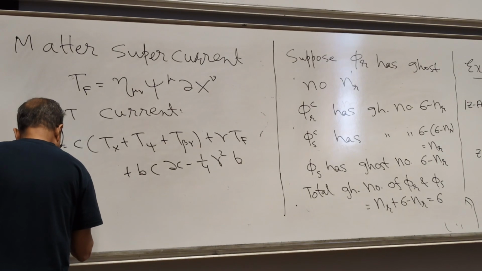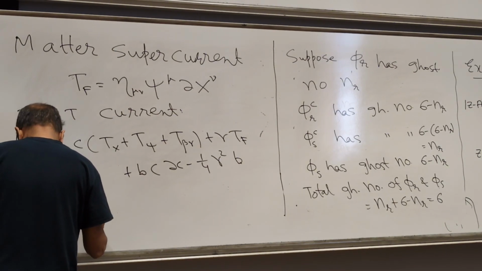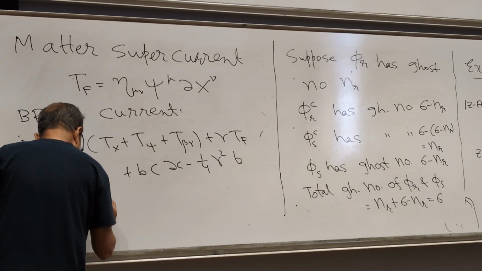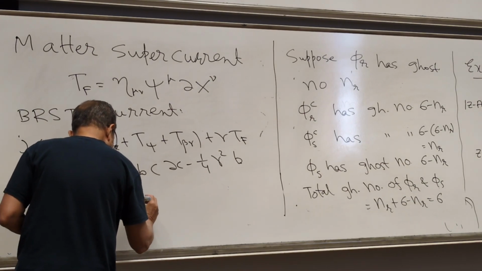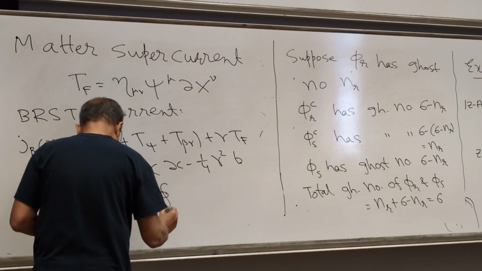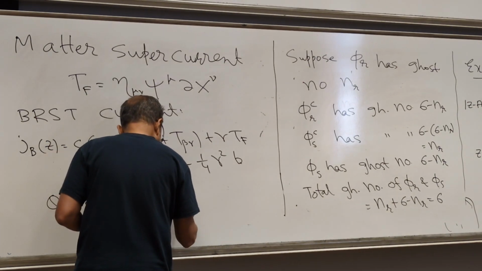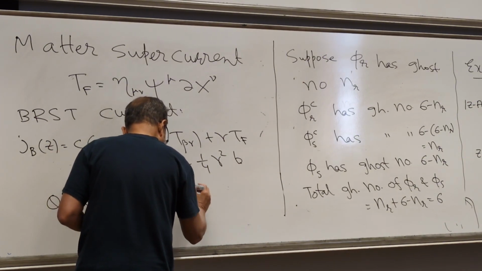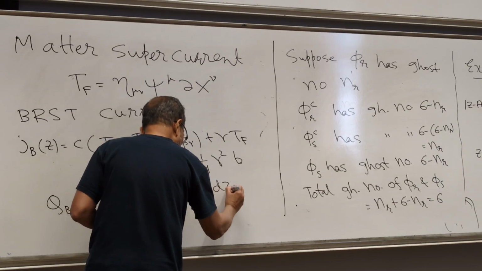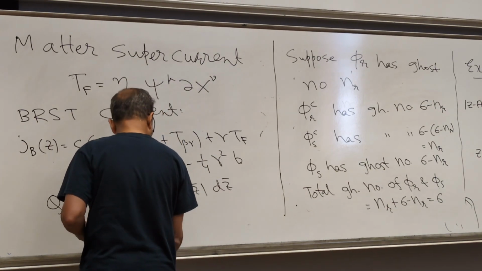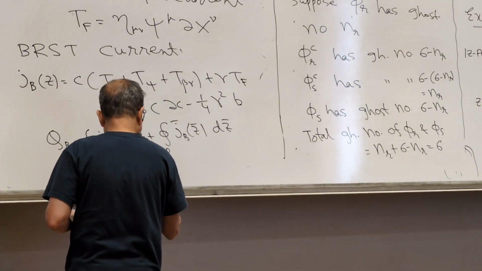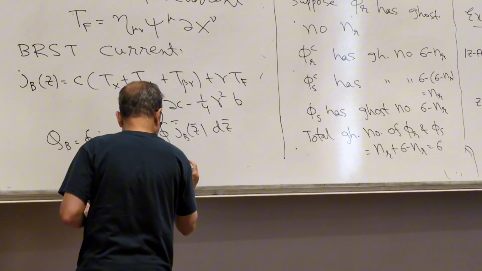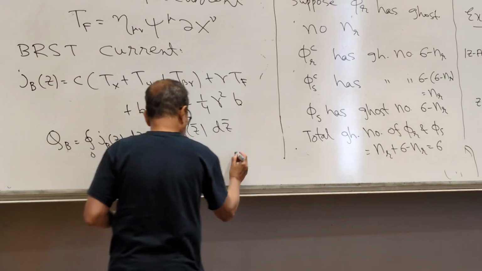And then similarly JB bar, and QB is given by the integral, and QB squared equals 0 at d equal to 10.